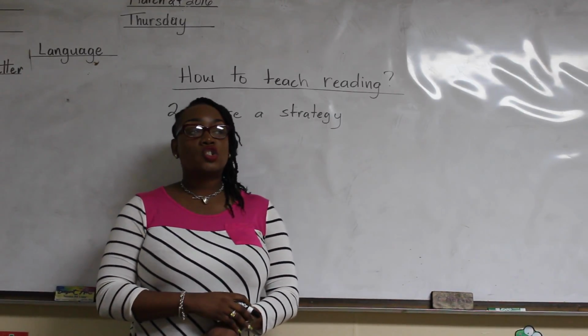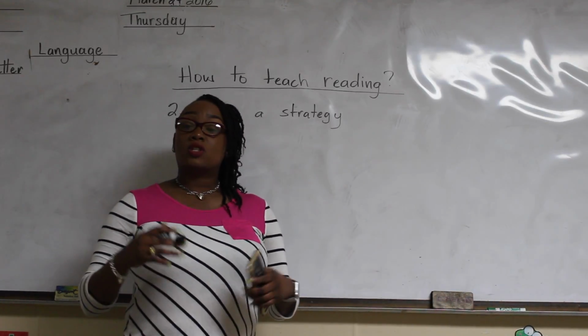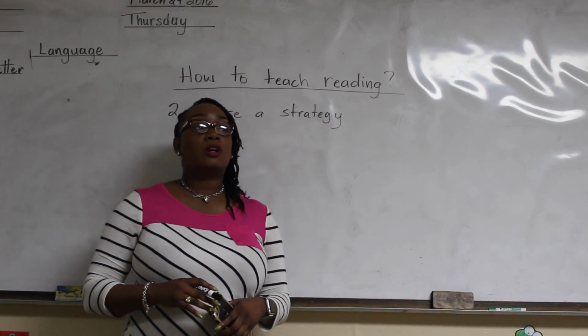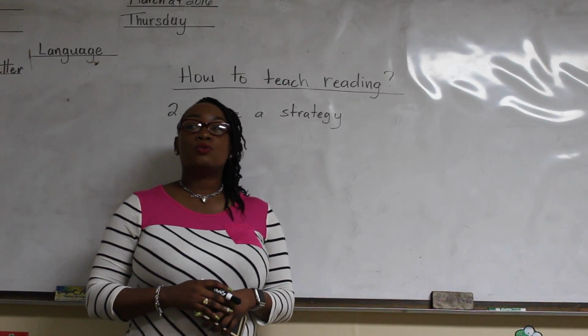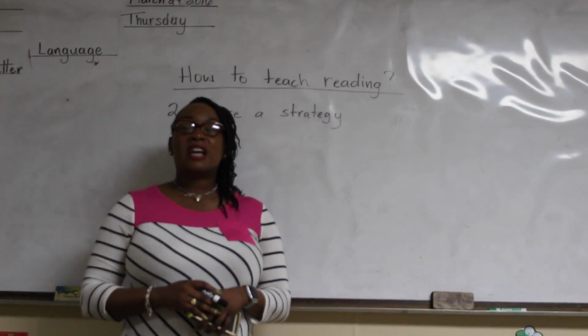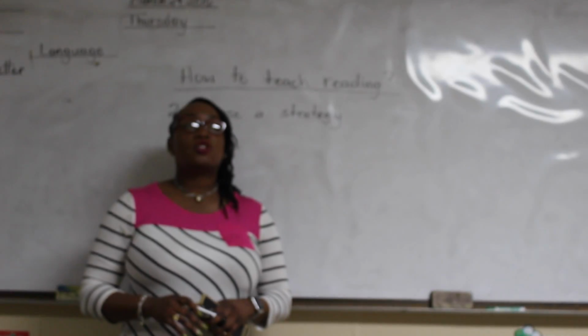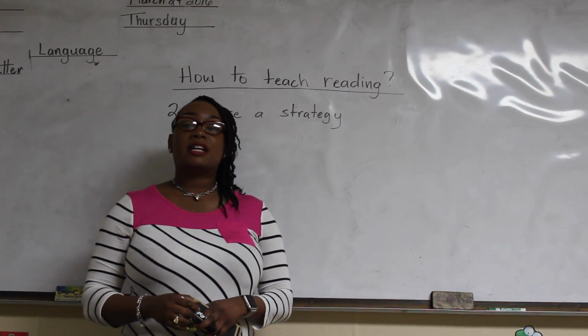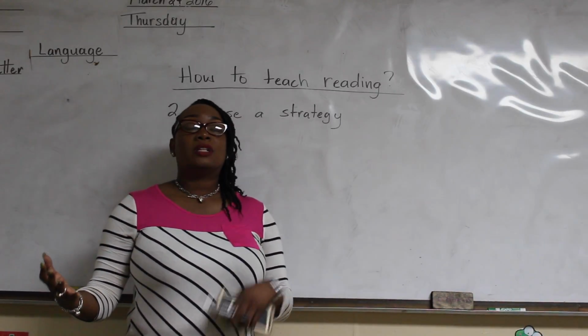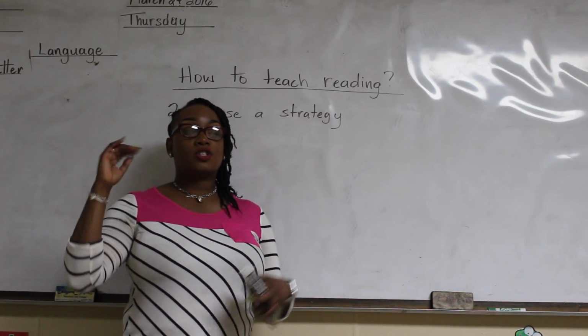And this is good to teach students who are learning a second language, or adults who don't know how to read. You don't want to use sounds and letters to begin with the adults, because they can get discouraged and feel as though they're at a certain level. So you want to make sure you use just whole text, where they're reading the text and they are understanding based on what they know and what the text is saying. So that's called the top-down.